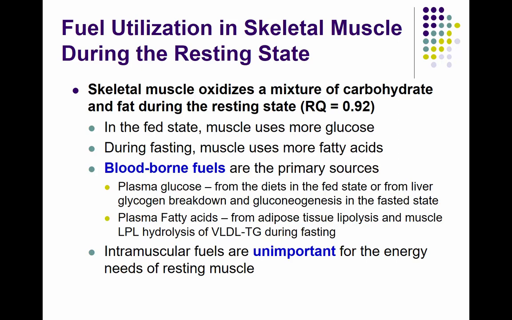So muscle utilizes energy sources, glucose and fatty acids, mostly from diet in the fed condition, or from the liver glycogen breakdown, or fatty acids from adipose tissue. Does that make sense? So the sources of energy are different between resting condition and exercise for the muscle.